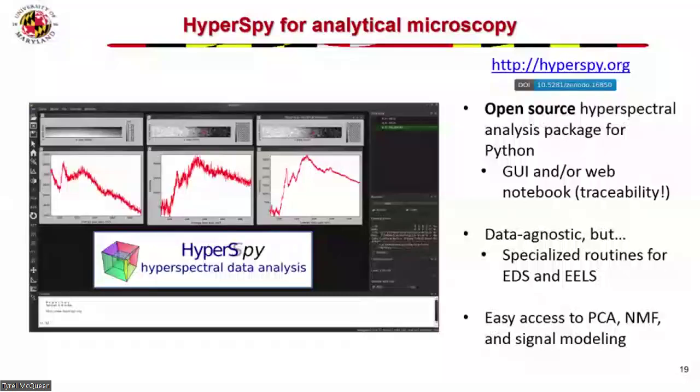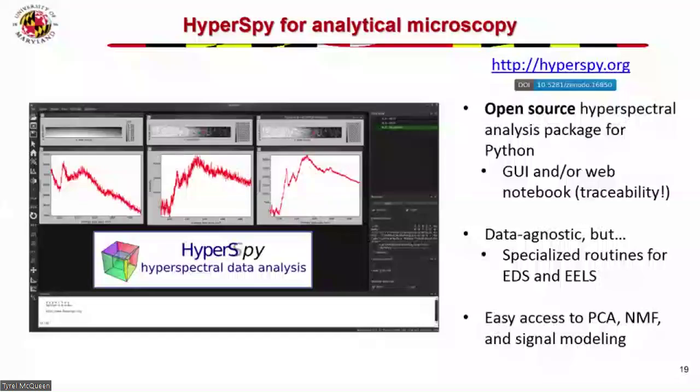So we use HyperSpy, like I said before, a machine learning-based package that is designed for analysis of EDS and EELS data. We use principal component analysis and non-negative matrix factorization to analyze this data. These are examples of spectra that you can obtain.